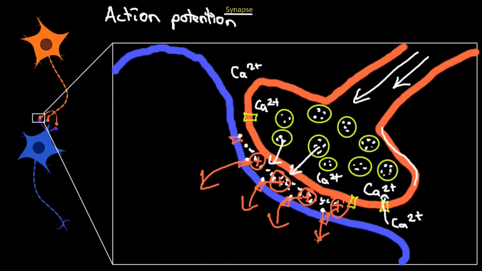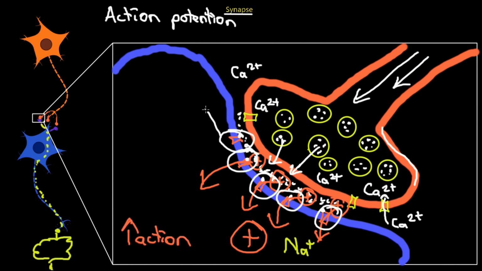Now of course, this influx of positive charge is going to cause depolarization, and it's more likely going to cause an action potential. And by the way, these are not voltage gated channels, their actual name is ligand gated channels, and these channels are not going to be gated by voltage.